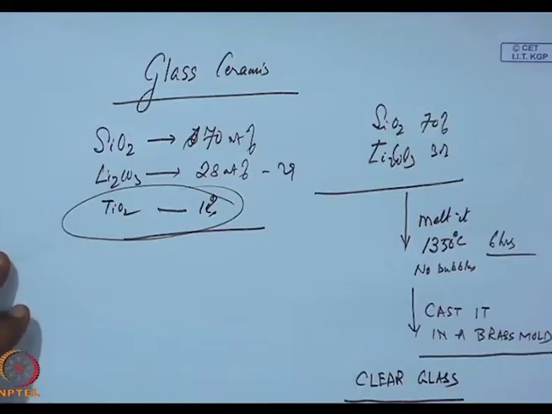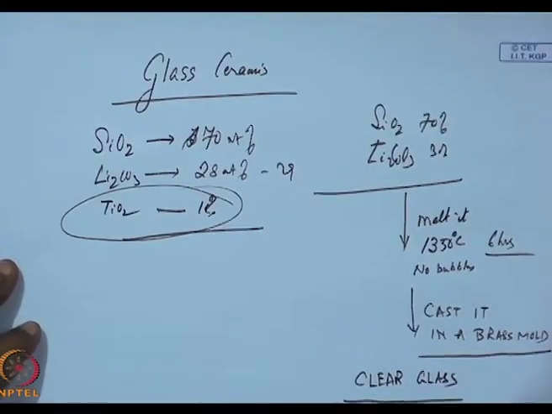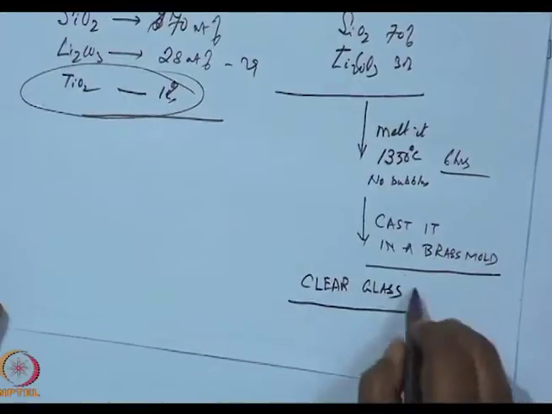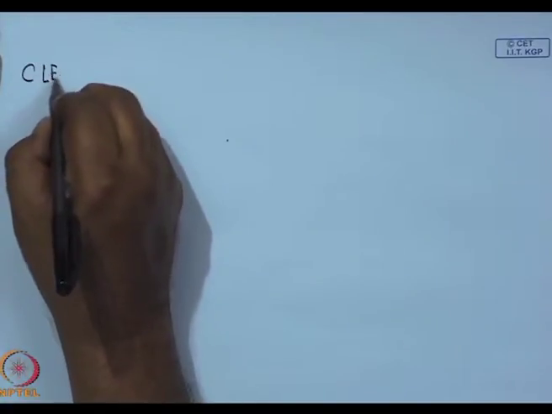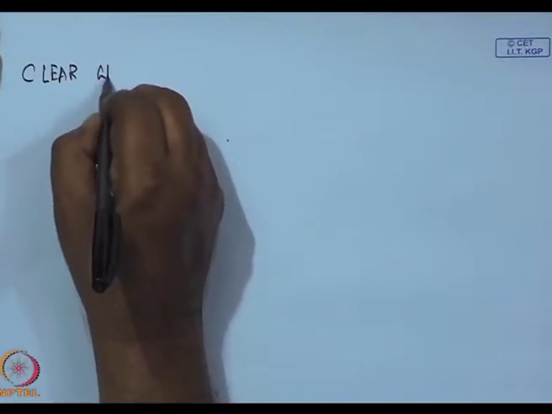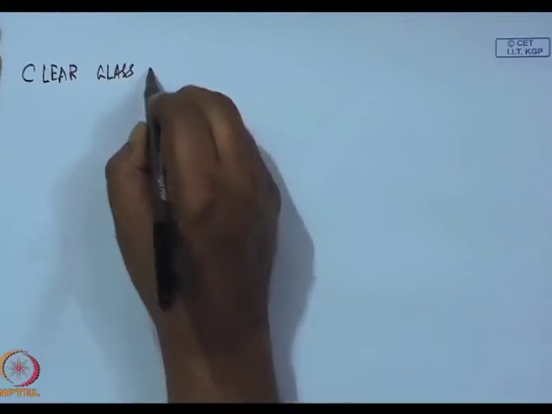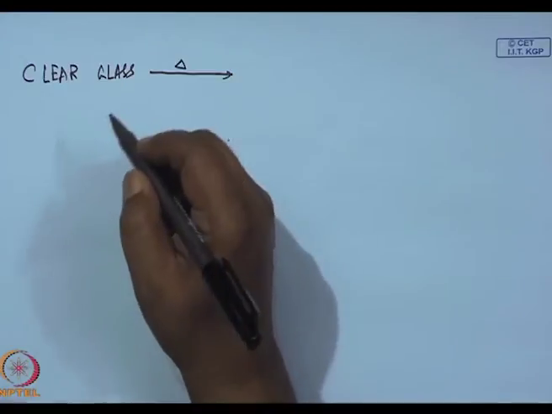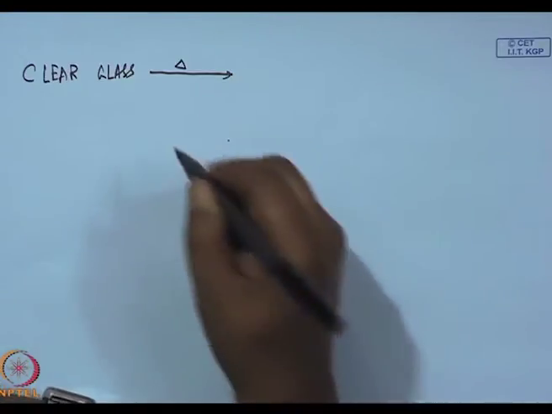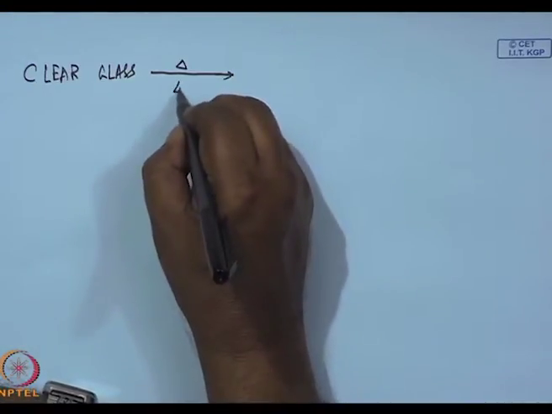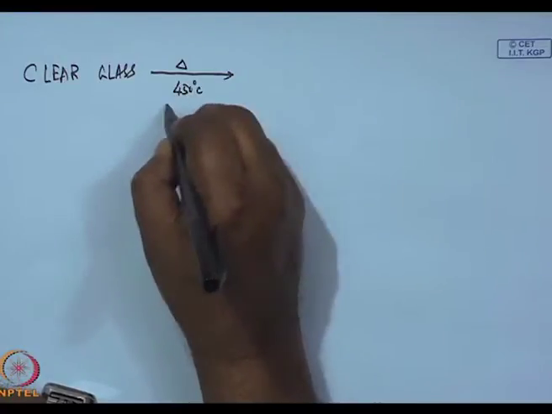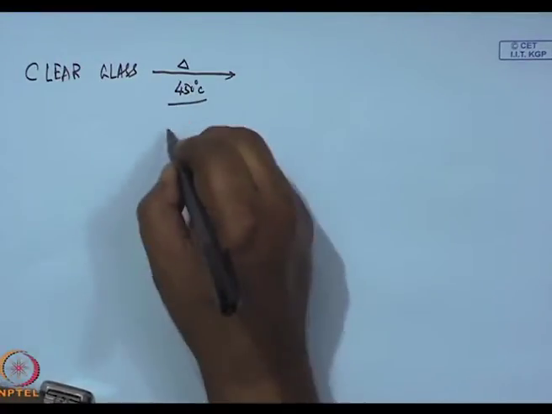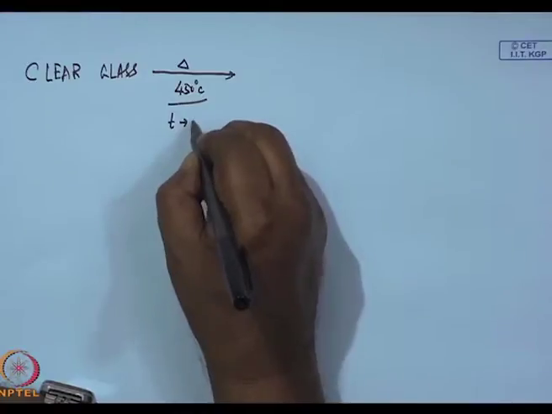What I do in the laboratory when I am teaching is this, that I take this clear glass and heat it to a temperature of around 450 degrees centigrade. The time that I will keep is varying.